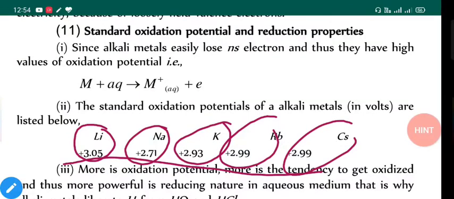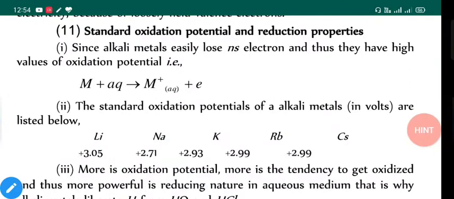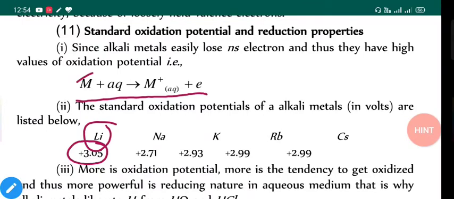That means the reduction potential of lithium will be minus 3.05, for sodium it is minus 2.71, for potassium it is minus 2.93, and so on. In a simple manner we can say that this is the value of electricity produced during the oxidation of lithium. So it is the contribution of lithium when it oxidizes from lithium to lithium plus.